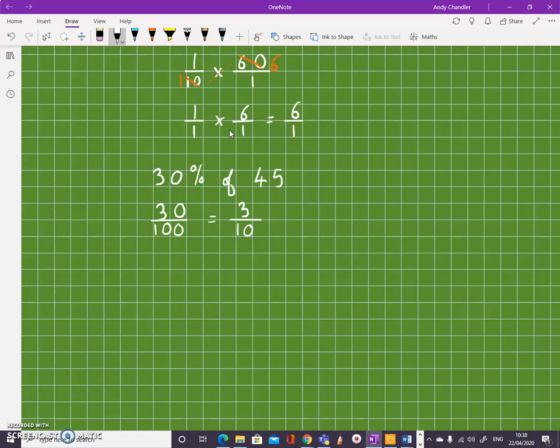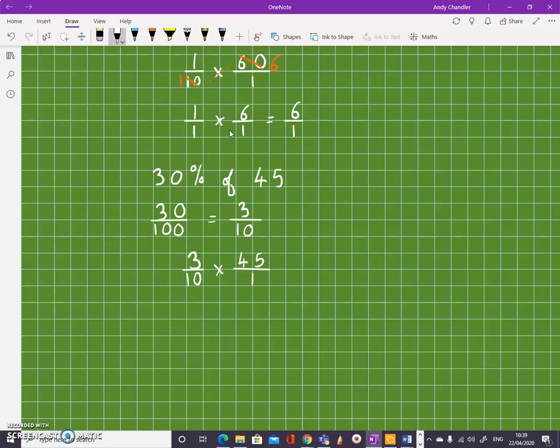Again, remind you that of means multiply. So back to my original question, 3 over 10 multiplied by 45 over 1.